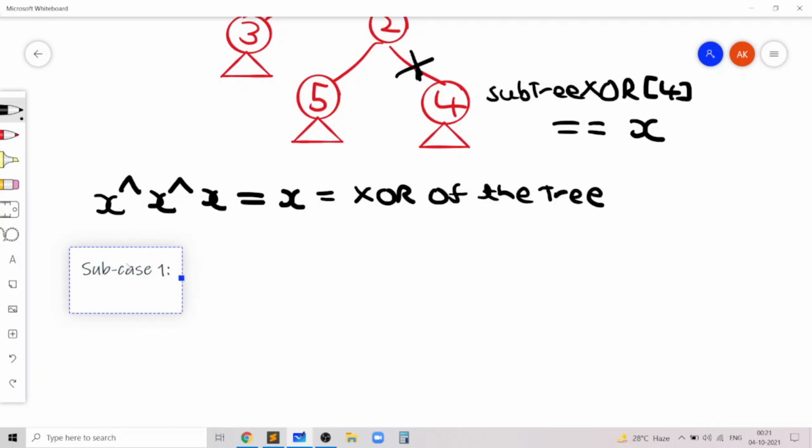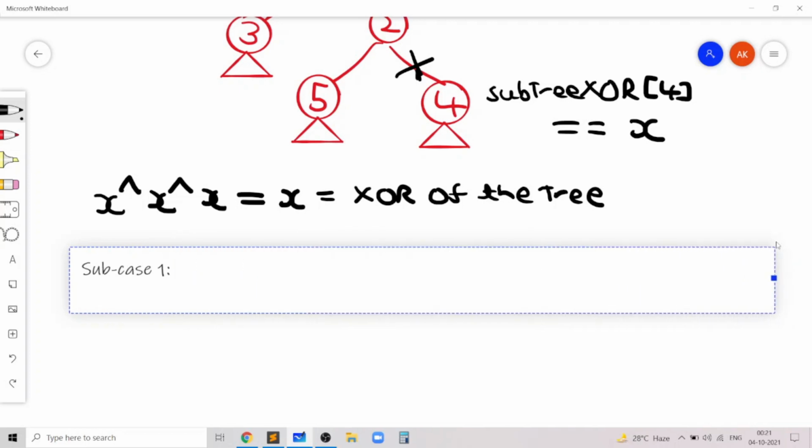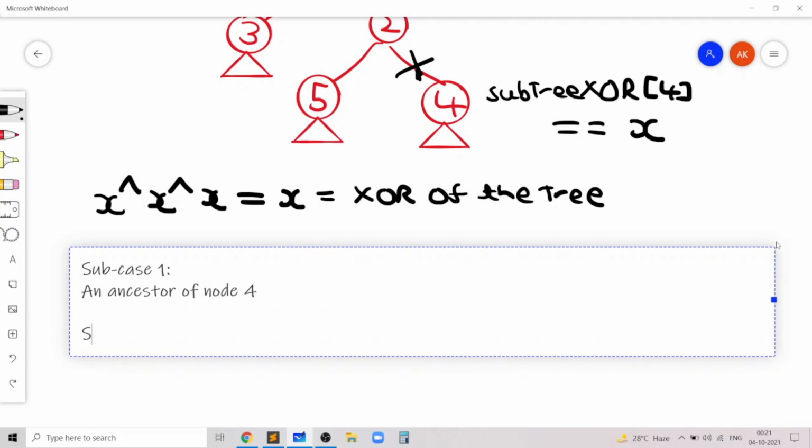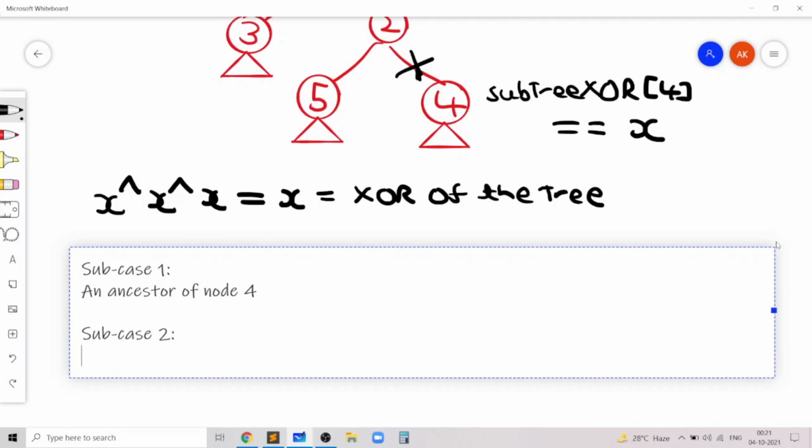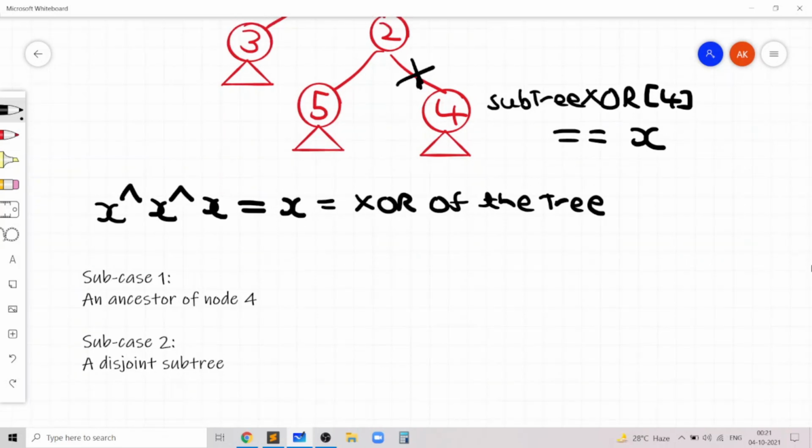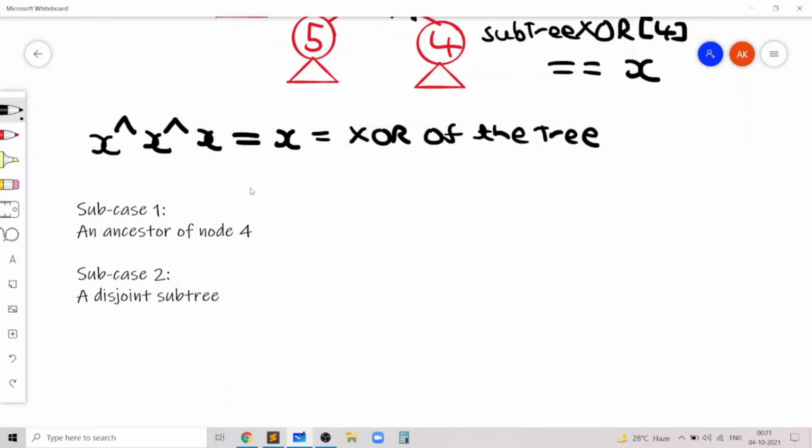The second edge can either be an ancestor of node 4, or the edge which we delete can be a disjoint subtree which does not have anything in common with 4.